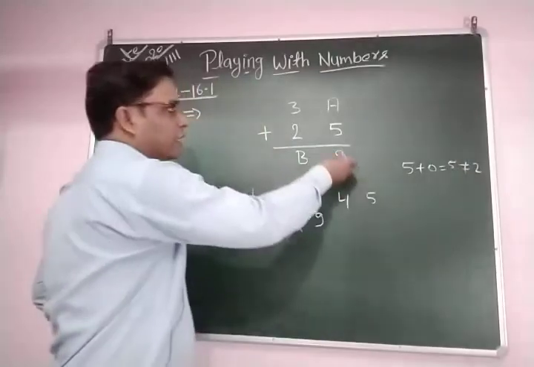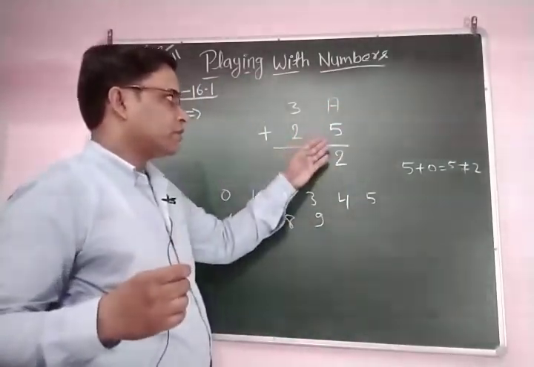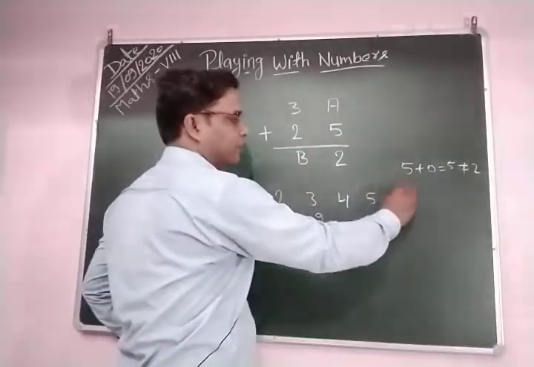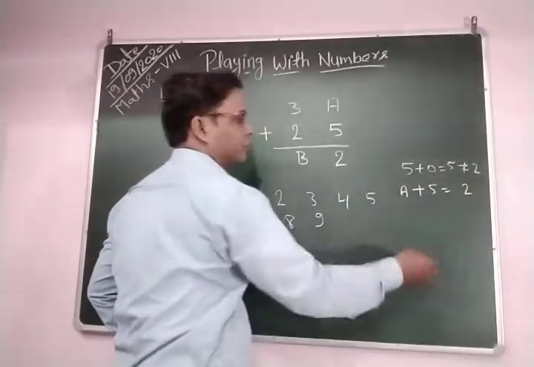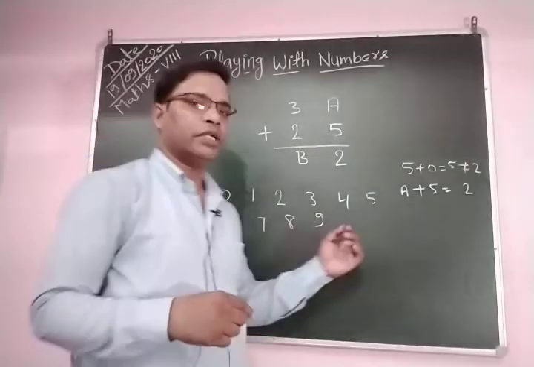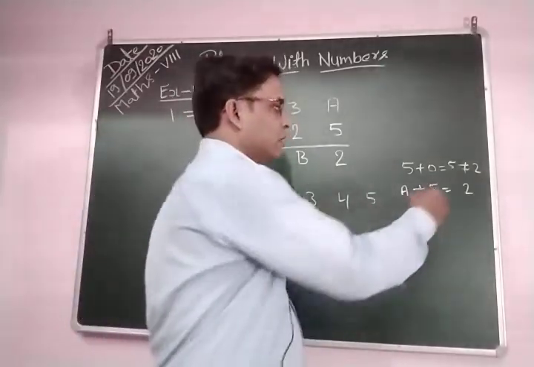If you take the unit place digit, a plus 5 is equal to 2. Is this possible? No, this is not possible. So what is this? This is 12.